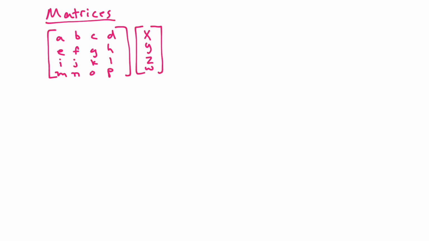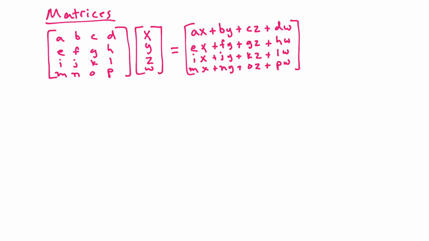So in order to do this calculation, we will need to take the row on the matrix and multiply it by the column. So what this is going to look like is AX plus BY plus CZ plus DW. And we're going to do the same for the rest of the rows for this result.